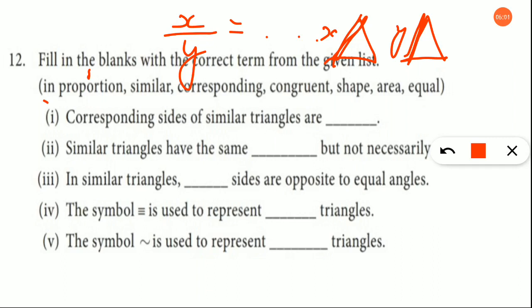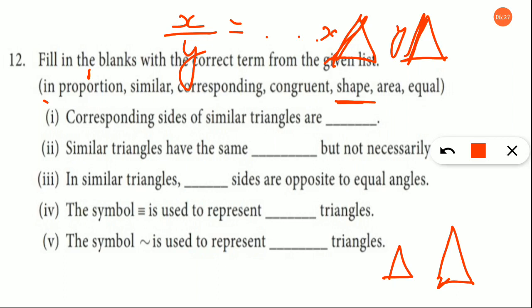Similar triangles have the same dash but not necessarily the same size. Okay, what do they have? Similar triangles mean, I told you, they can be of the same shape but not the same size. Okay, and third one, in similar triangles, dash sides are opposite to equal angles.